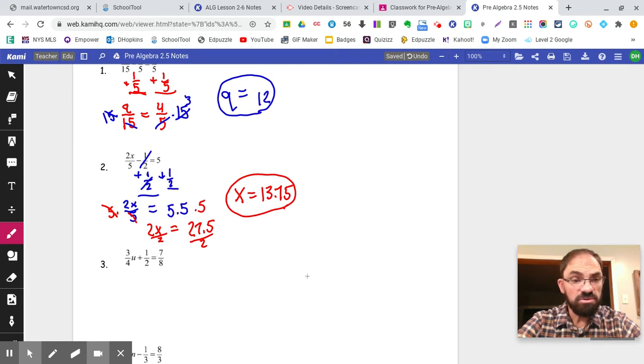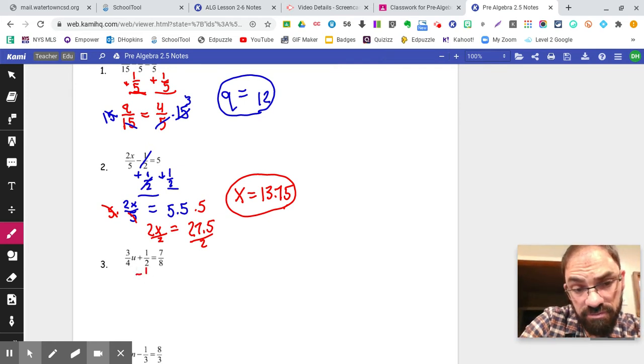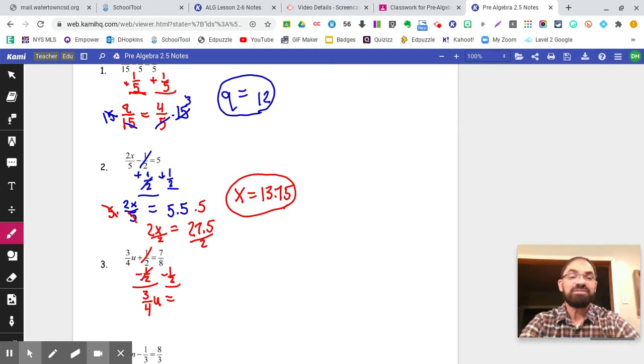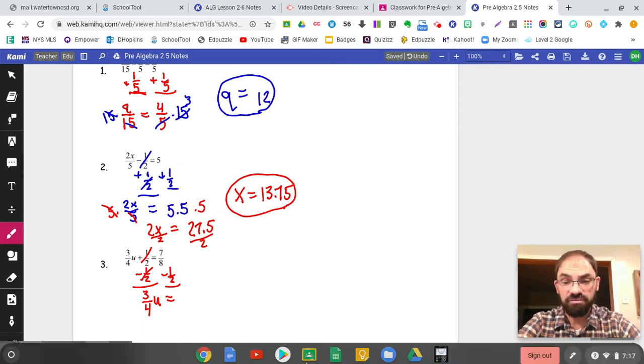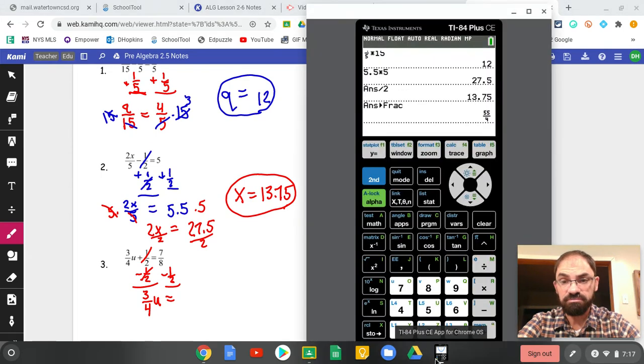Okay, number 3. To get u by itself, let's subtract 1/2. So 7/8 minus 1/2. Definitely want to use a calculator.